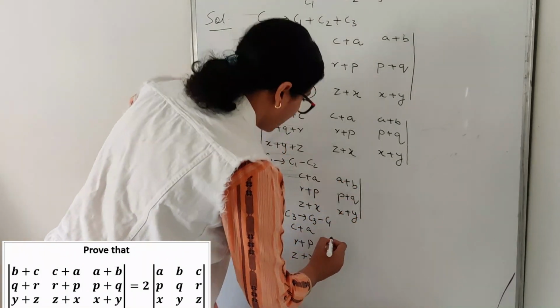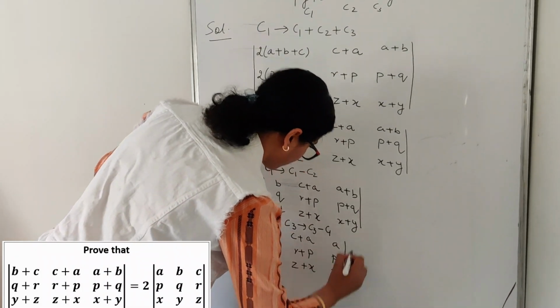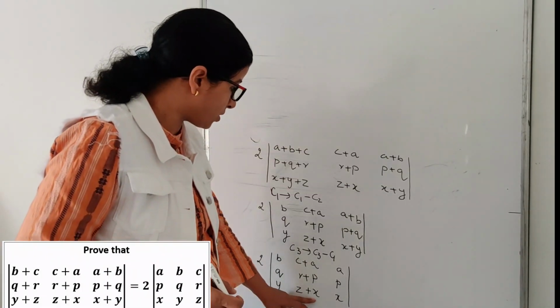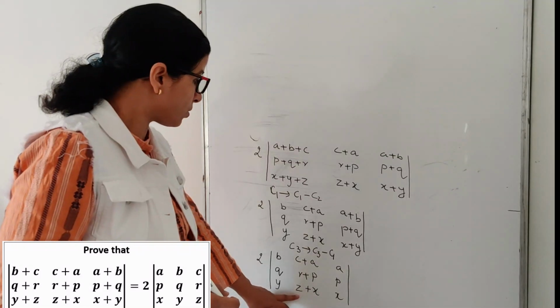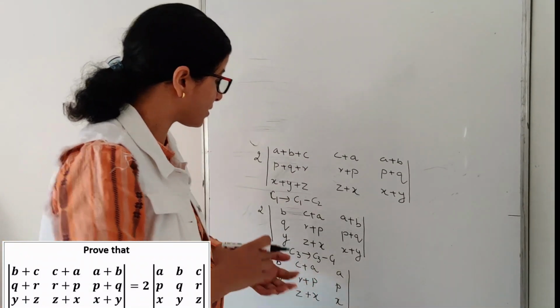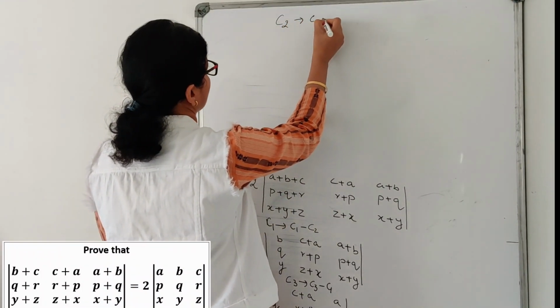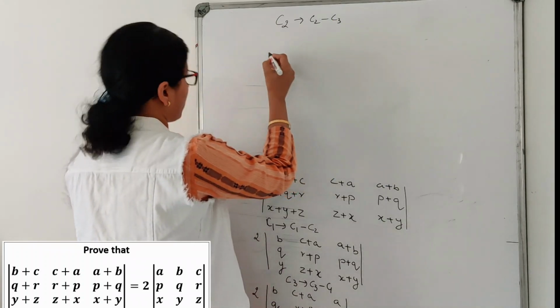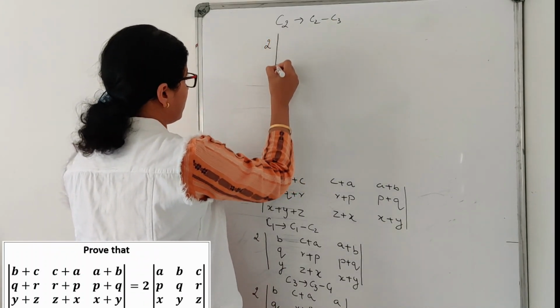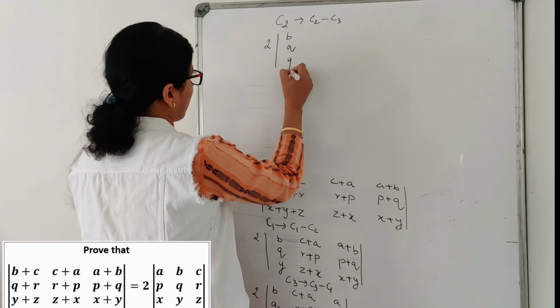So when I am subtracting, I am getting a, p, x. So now I have to make a change in C2. Okay. So C2, how will I change? I will write C2 tends to C2 minus C3. Okay. So twice b, q, y.